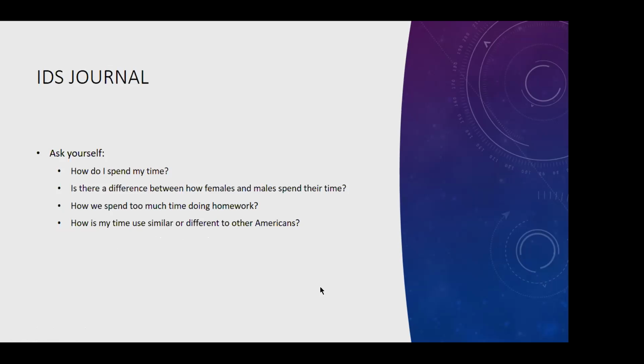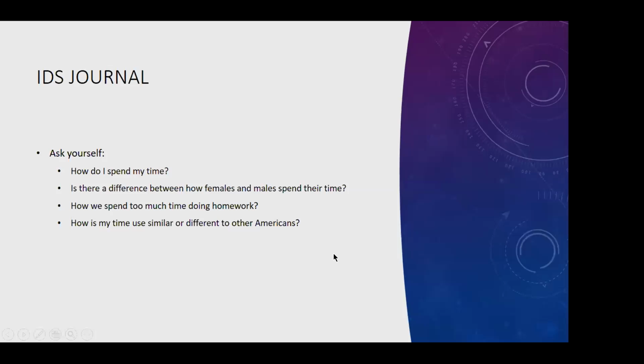So I'm going to give you guys 4 minutes, okay? You're gonna have 4 minutes to write your answers to these questions in your journal, okay? Your section 3 IDS journal that you just made a copy about, okay?